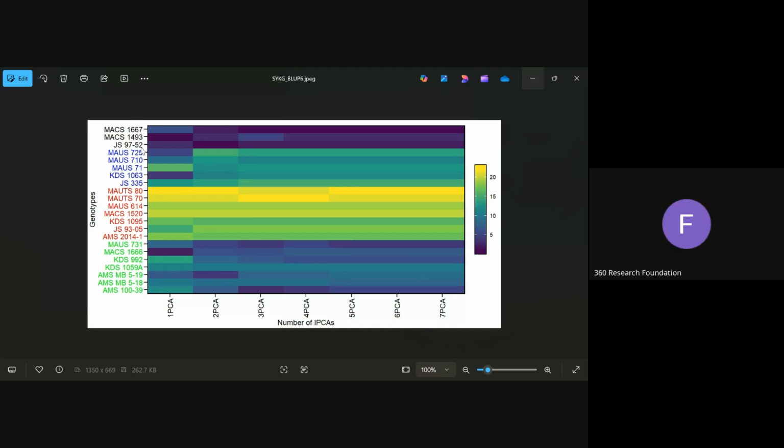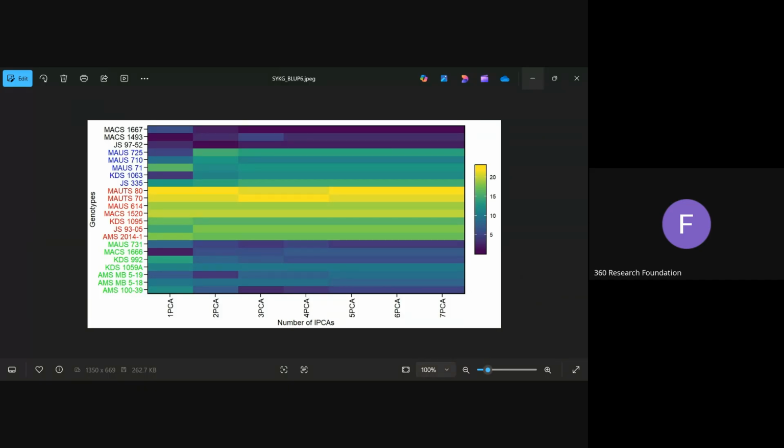And whatever genotypes are scattered, far from the origin, here you can see in blue, like 335, 71, 710, 725. So it is just classification across 7 principal components based on the WAAS values.